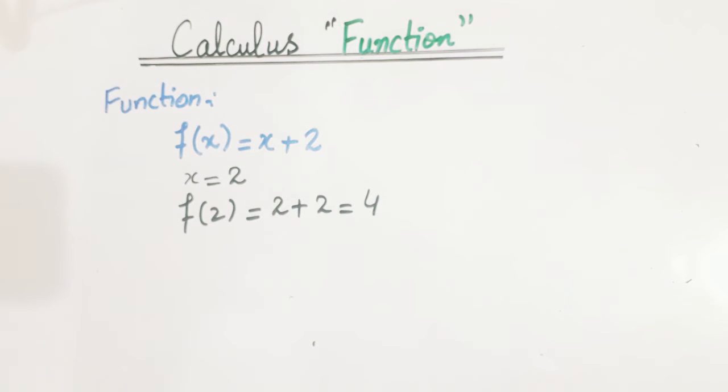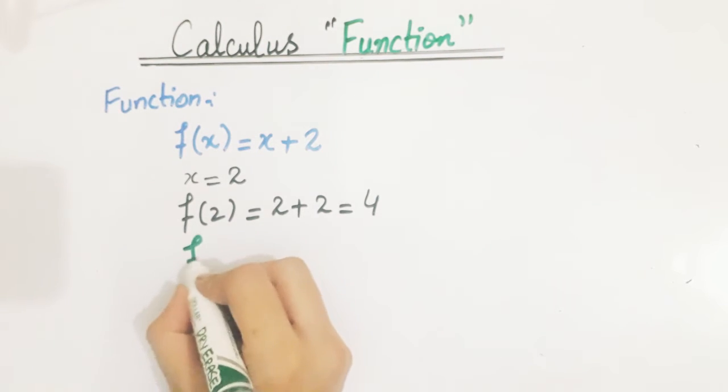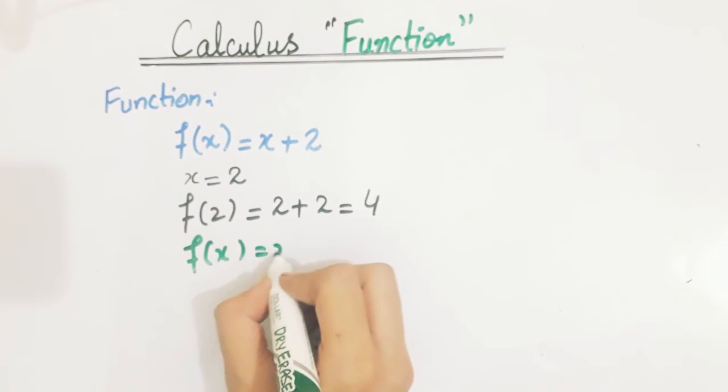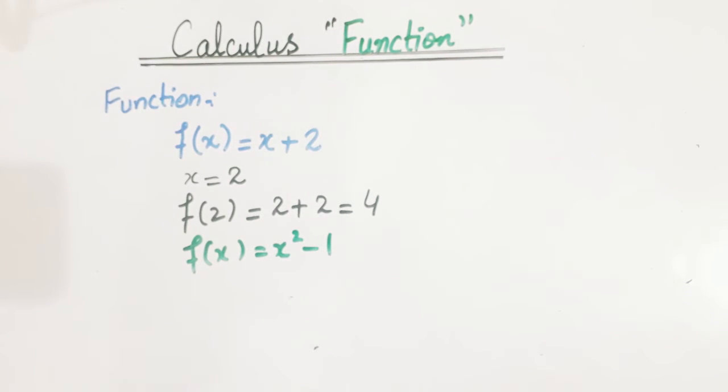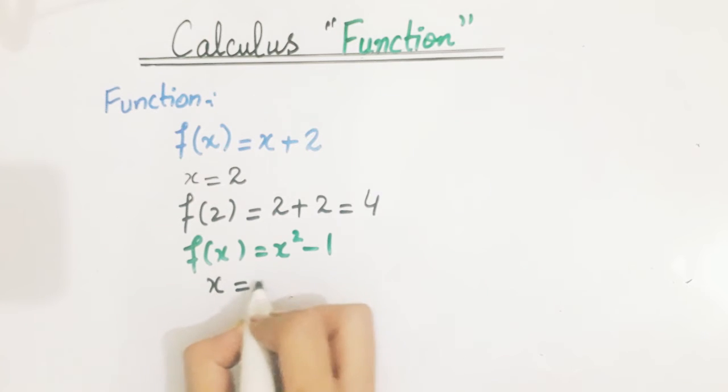Let us consider another case. You have f of x equals x square minus 1. Now you have to find the value at some negative number, like at x equals minus 3.